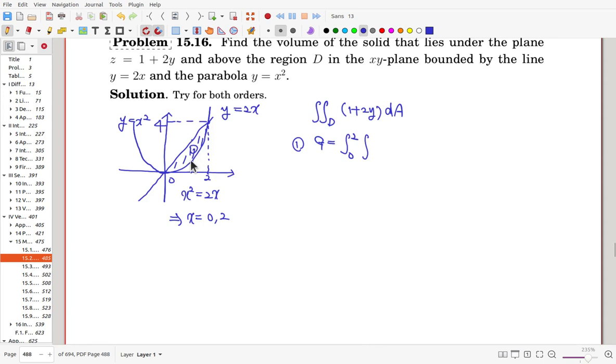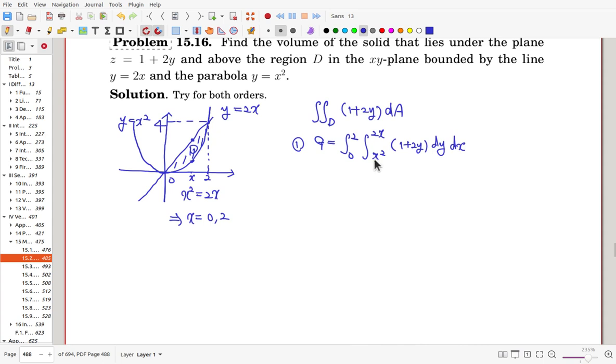Bottom y is now x squared, from this curve y equals x squared. And the top y is 2x. The integrand is now 1 plus 2y, in the y direction, and the x direction is the outer integral.